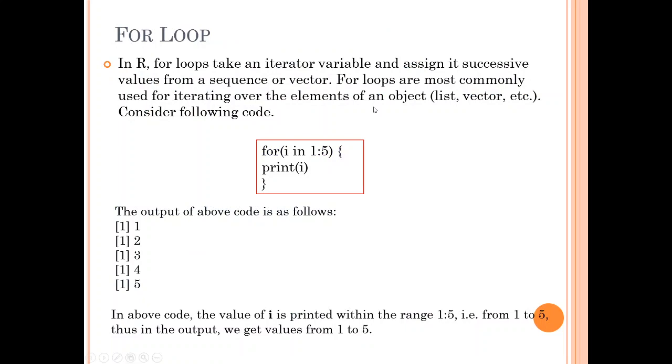So now we have an example illustrating how for loop is executed. We can see here there is a keyword for, and inside the brackets there is a vector given within a range 1 to 5 and a variable I. So this I will take a single value from this range starting from 1 and ending at 5, and each time it will execute the print statement, and whatever we are printing there will be executed.